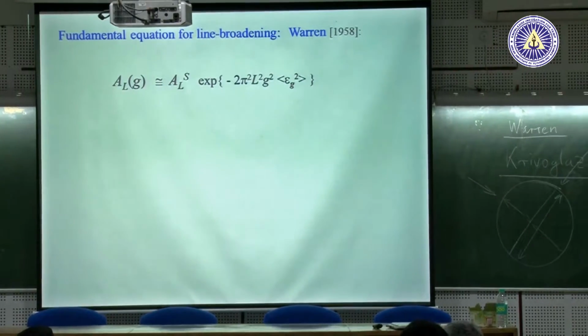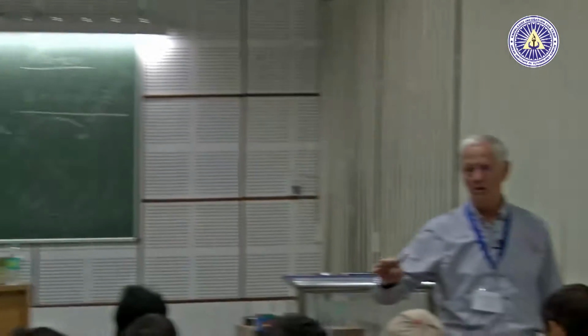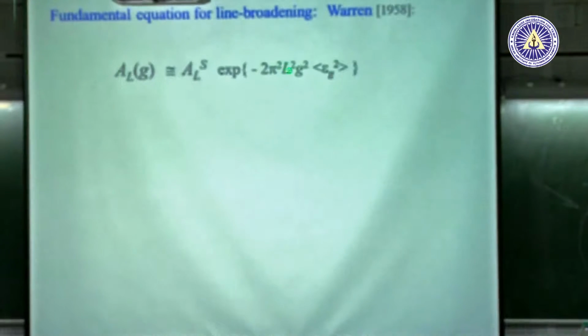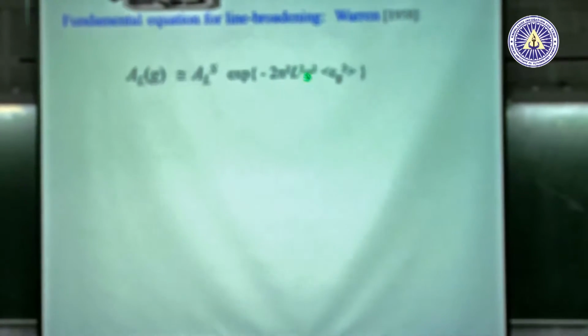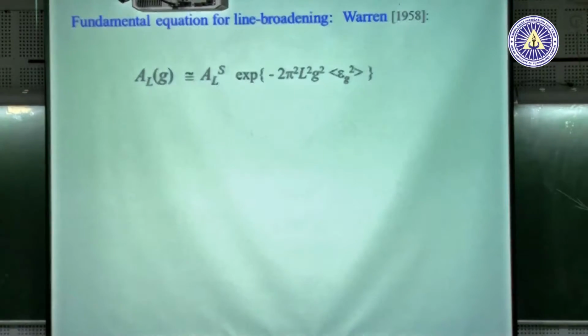I have prepared a separate presentation, a short one, about the mean square strain, and perhaps we can go through that also the other day. The only physical quantity here is the mean square strain, because L is the Fourier variable and G is the diffraction vector. Okay? So it is so simple.